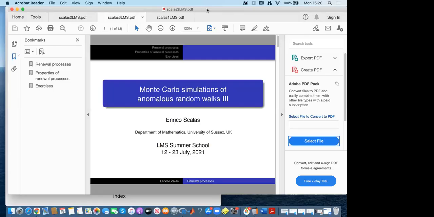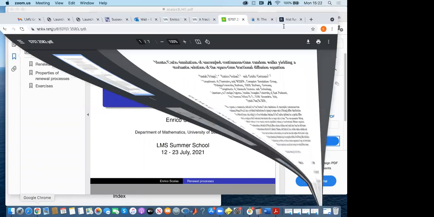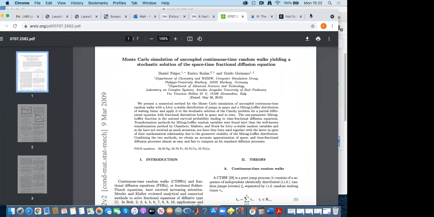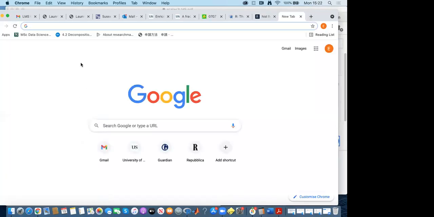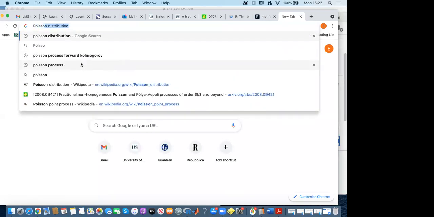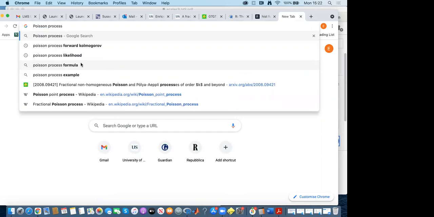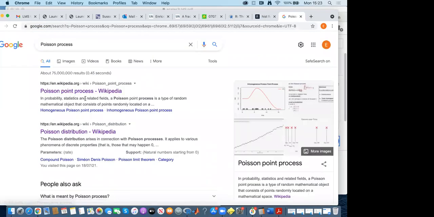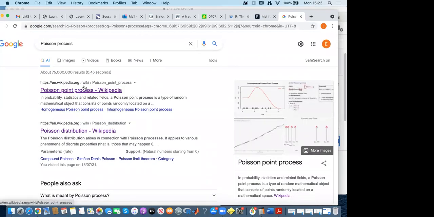Let me share the screen again. So for instance, Poisson process. I find Wikipedia pages on probability, I mean, they are not ideal, but they are not bad.